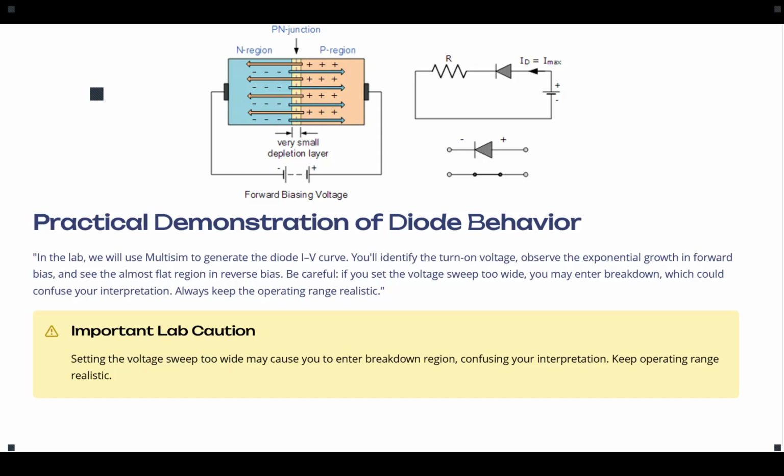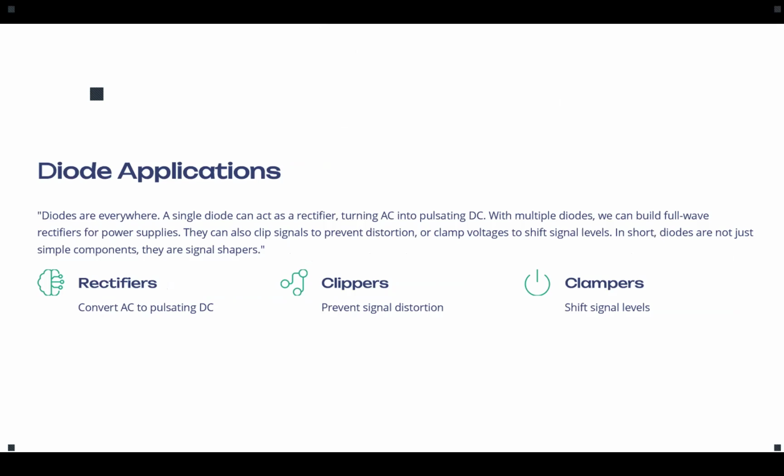No charge can jump over the depletion region, ergo there is no average charge and no current. Is that clear? This is the physics behind it, very simply.